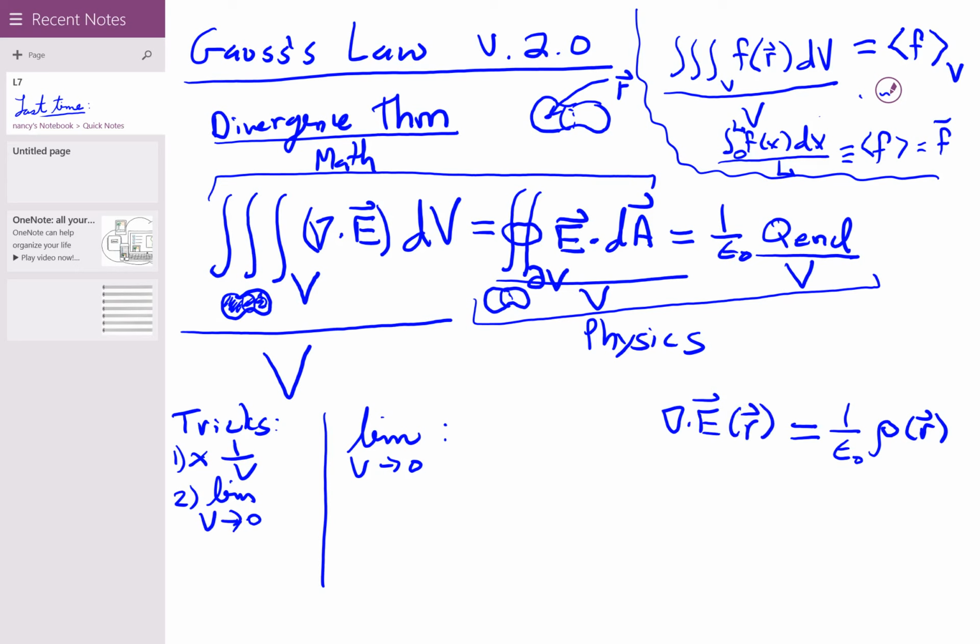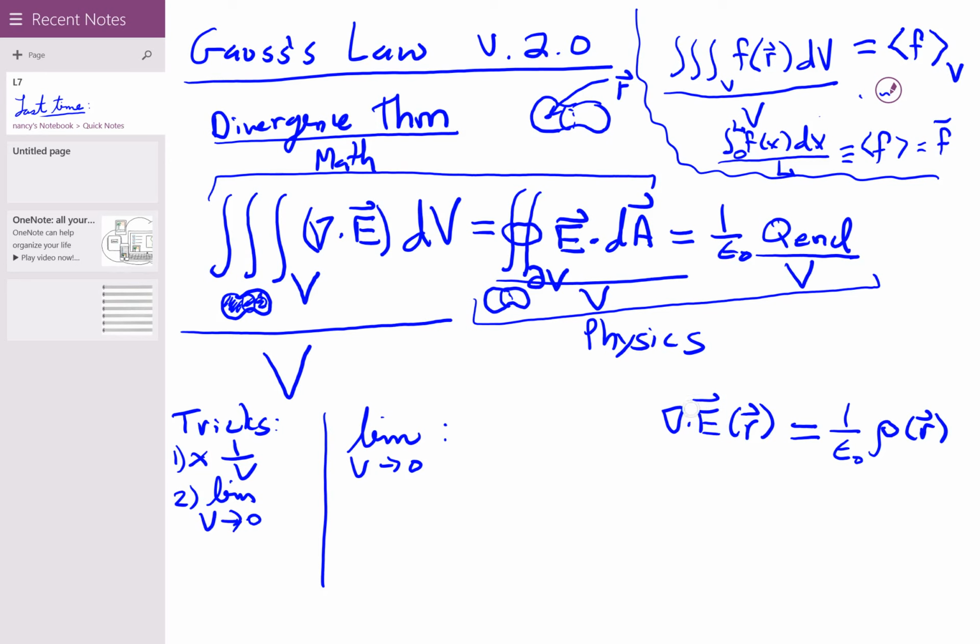And that, then, is a very powerful equation. You can show, we're not going to right now, that this is not only a consequence of Gauss's law and the divergence theorem, right? It runs the other way around. I can take this and use the divergence theorem.